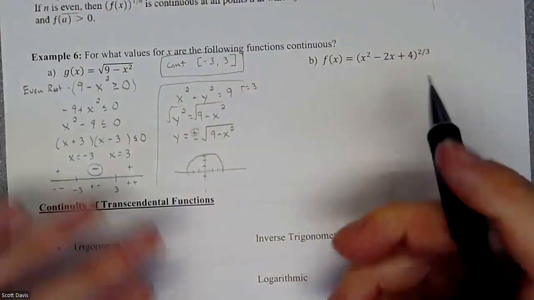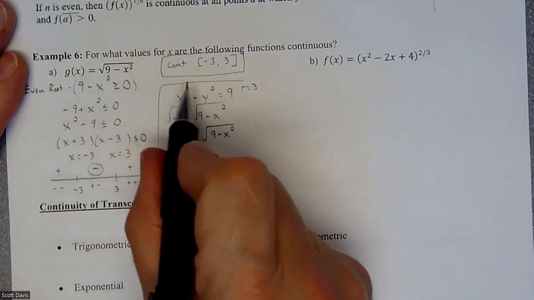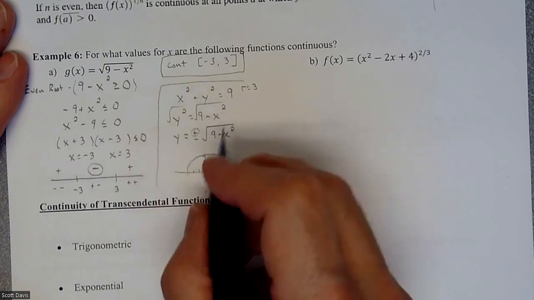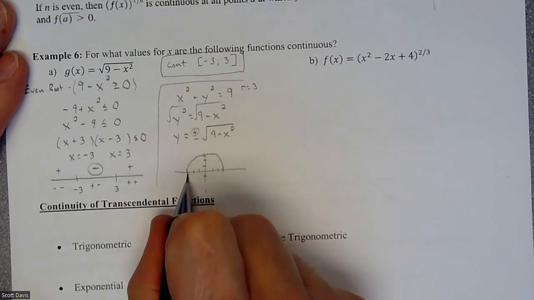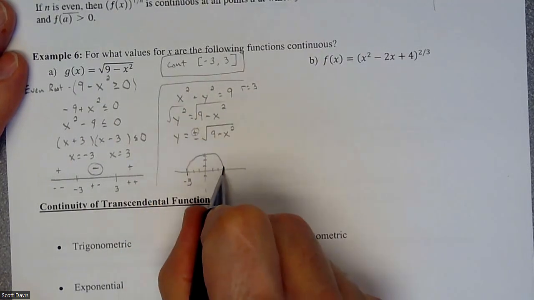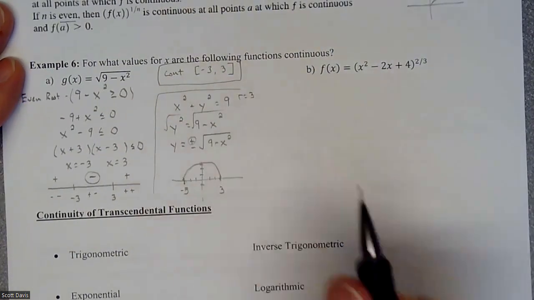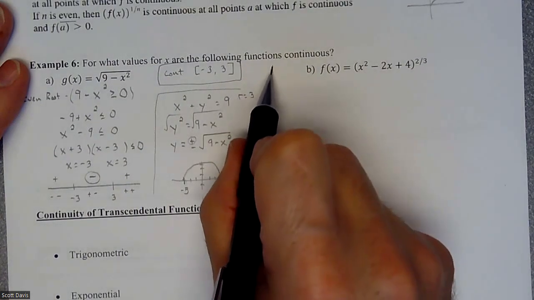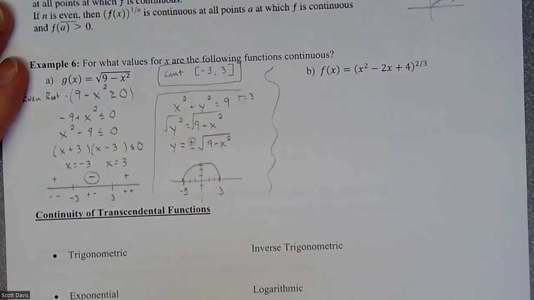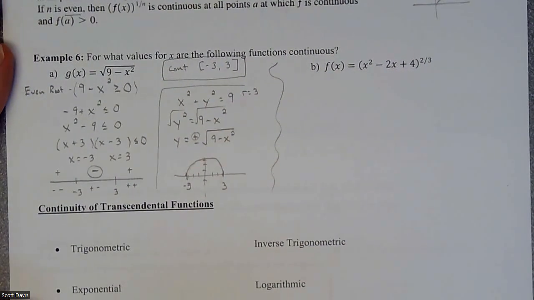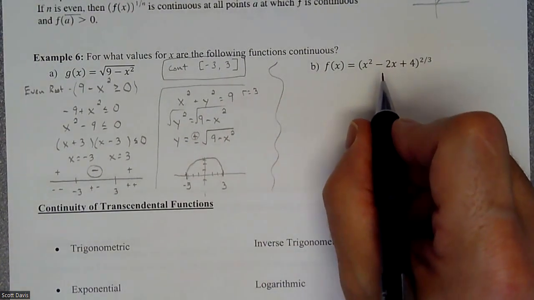So the graph of this is coming from the top half of a circle, and there's your domain from -3 to +3, and it hits them, so we can include it. That's a different way to look at it, but sometimes that's a good way for some visual people.